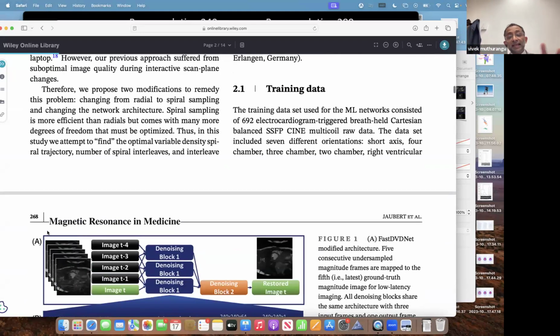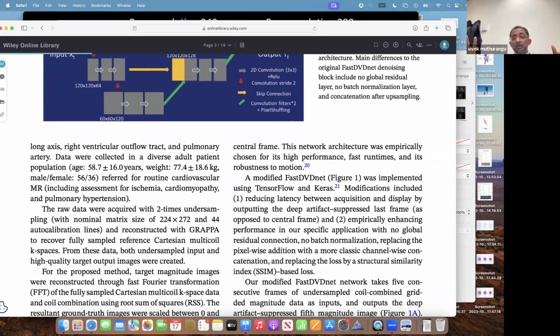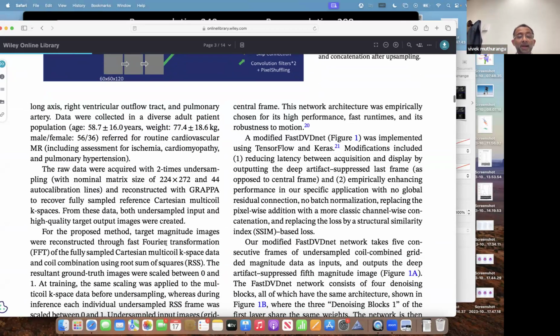So we took several hundred Cartesian raw data sets as our training data. And what we do is they are undersampled by a factor of 2. So we just do a GRAPPA reconstruction. We now have multi-coil, fully sampled k-space data. Our ground truth magnitude data, so our target magnitude data, is simply Fourier transform and then coil combination with root sum of squares.